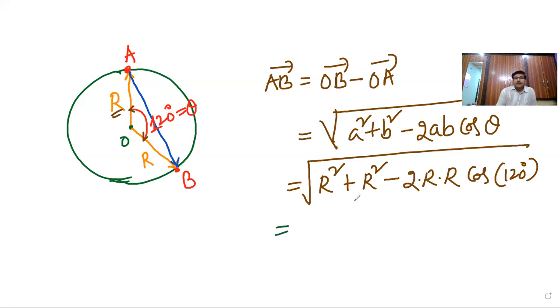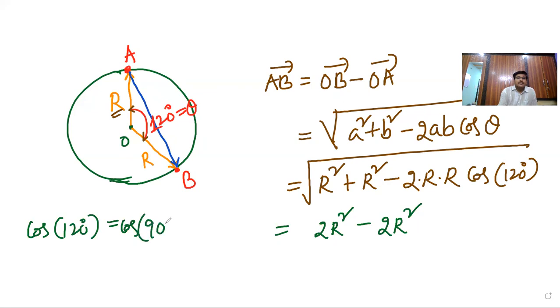Clear? This is R square plus R square, 2R square, minus 2R square cos 120. Here I am writing cos 120 can be written as cos 90 plus 30. Clear? Cos 90 plus theta is minus sin theta.